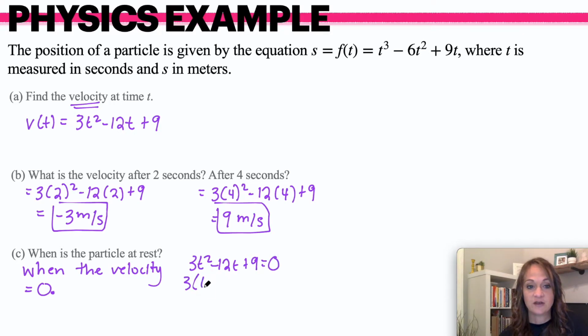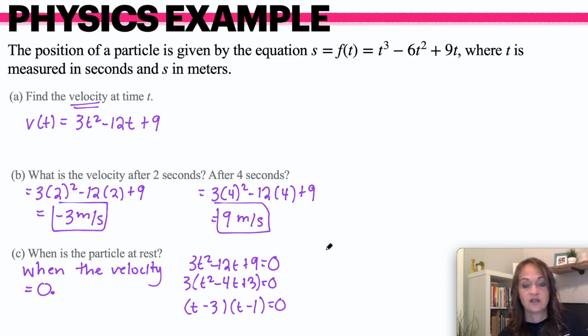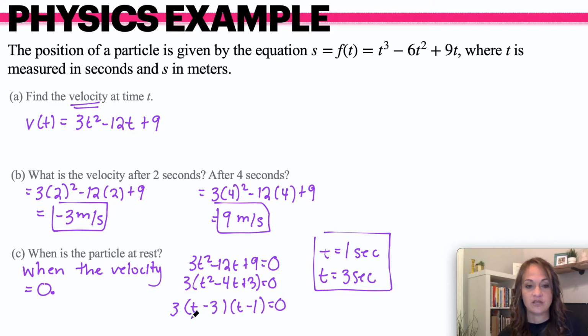So I can factor out a 3, and then I can factor this into 2 parentheses because it is a trinomial that can be factored. And I can bring the 3 down, but when I divide everything out by 3, then it goes away. So after 1 second and after 3 seconds, the particle is at rest because you would take each of these and set them equal to 0.